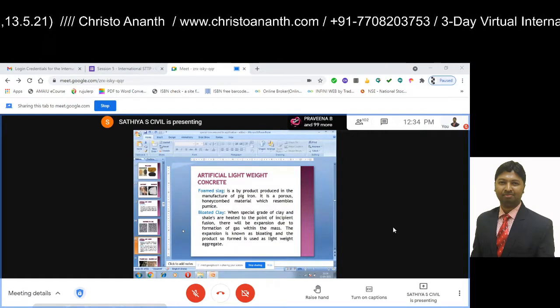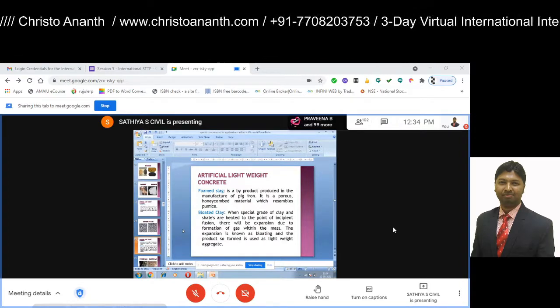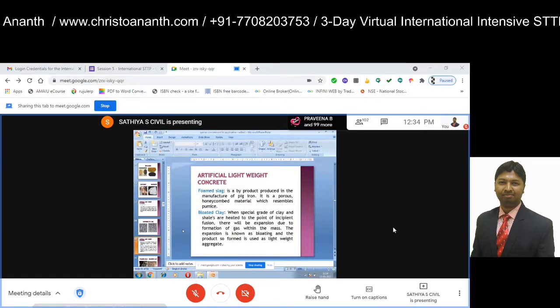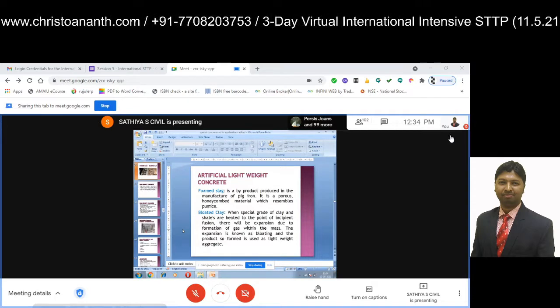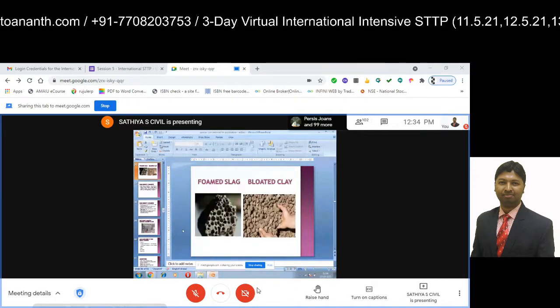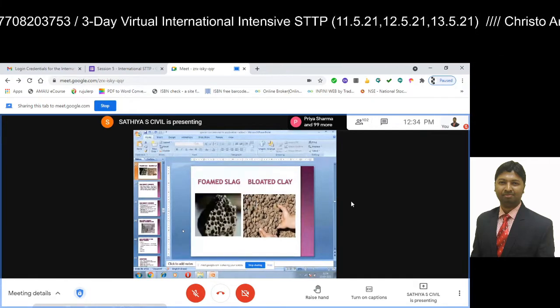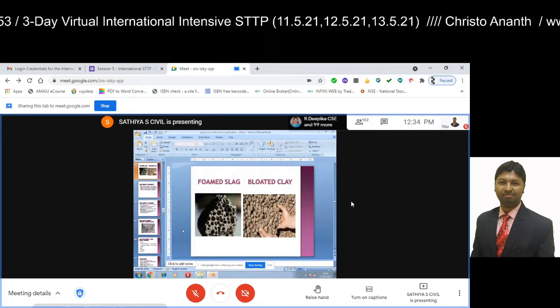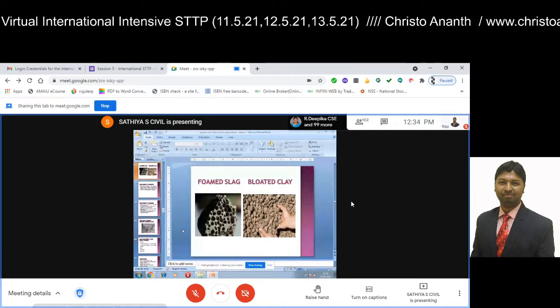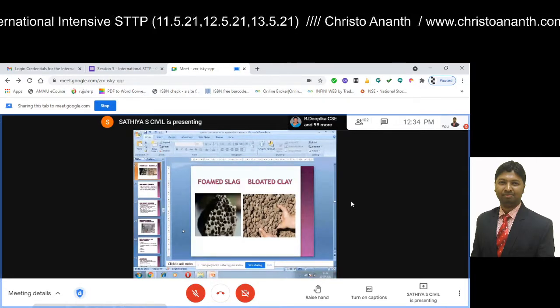The expansion is known as bloating, and the product so formed is used as a lightweight aggregate. Then this is the image for foamed slag and bloated clay. The foamed slag is a porous material. It is also a lightweight aggregate.